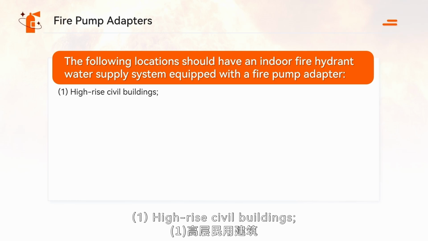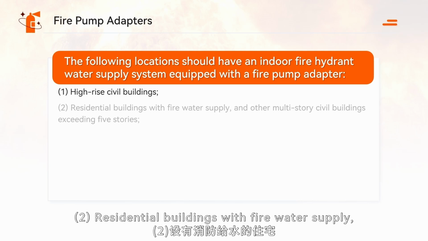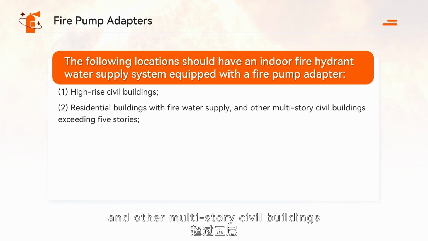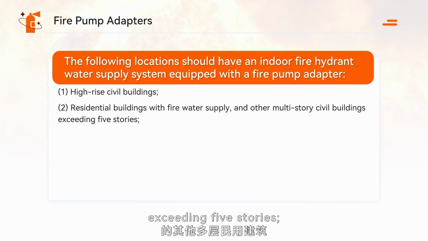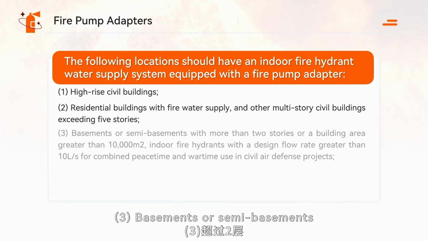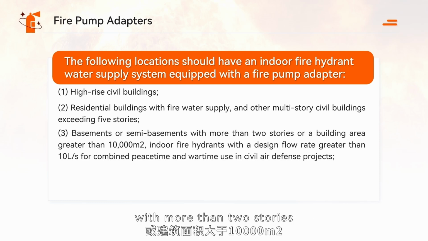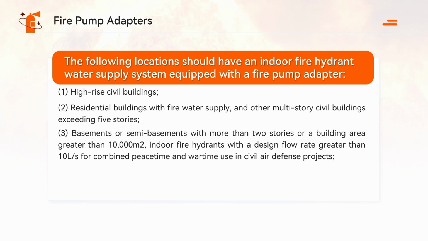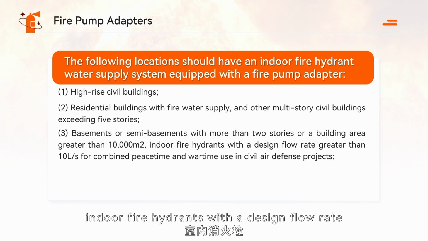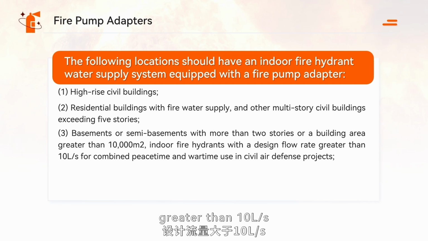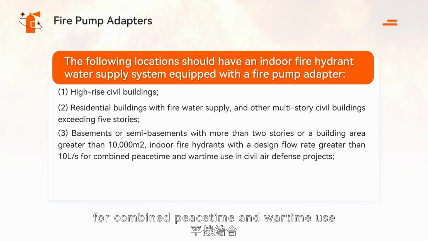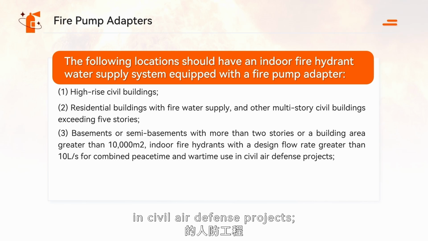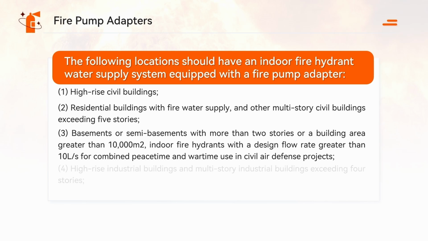1. High-rise civil buildings. 2. Residential buildings with fire water supply, and other multi-story civil buildings exceeding 5 stories. 3. Basements or semi-basements with more than 2 stories or a building area greater than 10,000 square meters, and indoor fire hydrants with a design flow rate greater than 10 liters per second for combined peacetime and wartime use in civil air defense projects. 4.